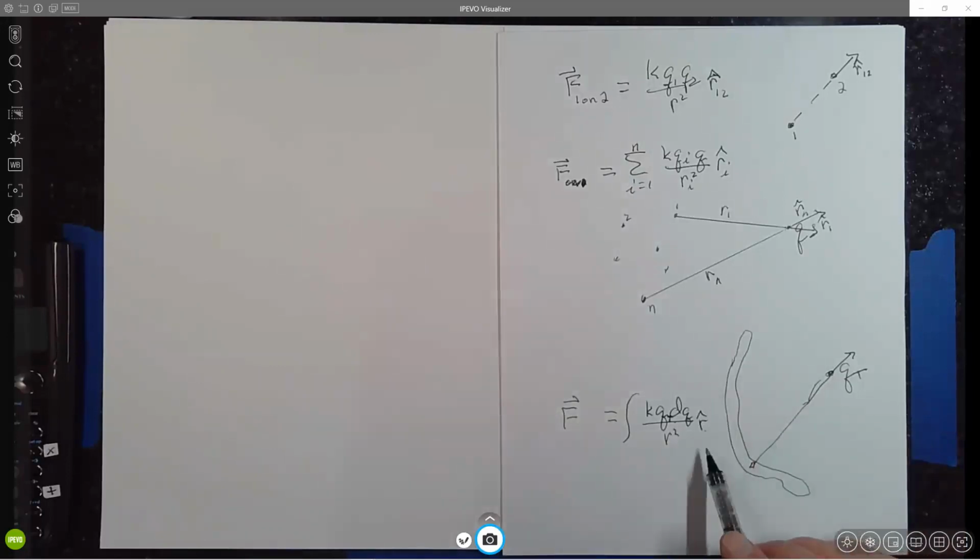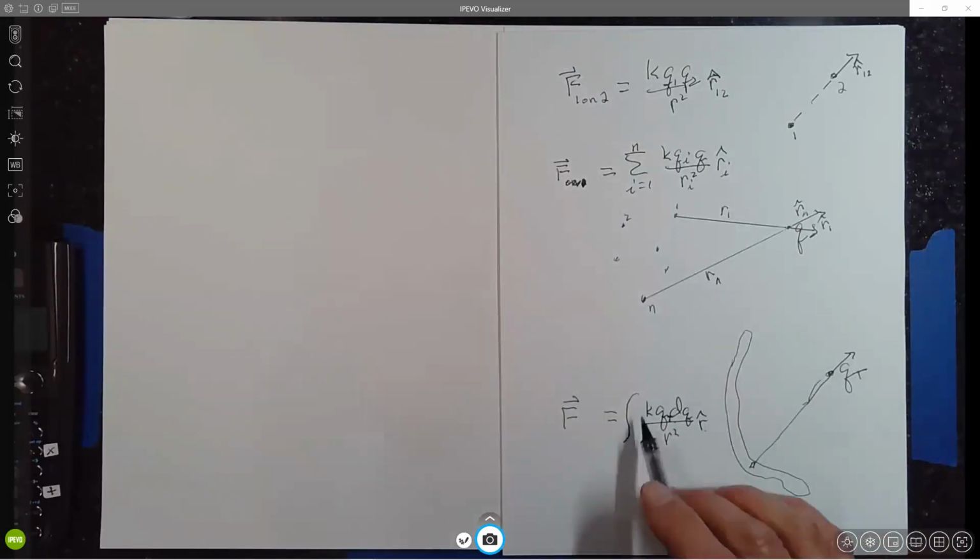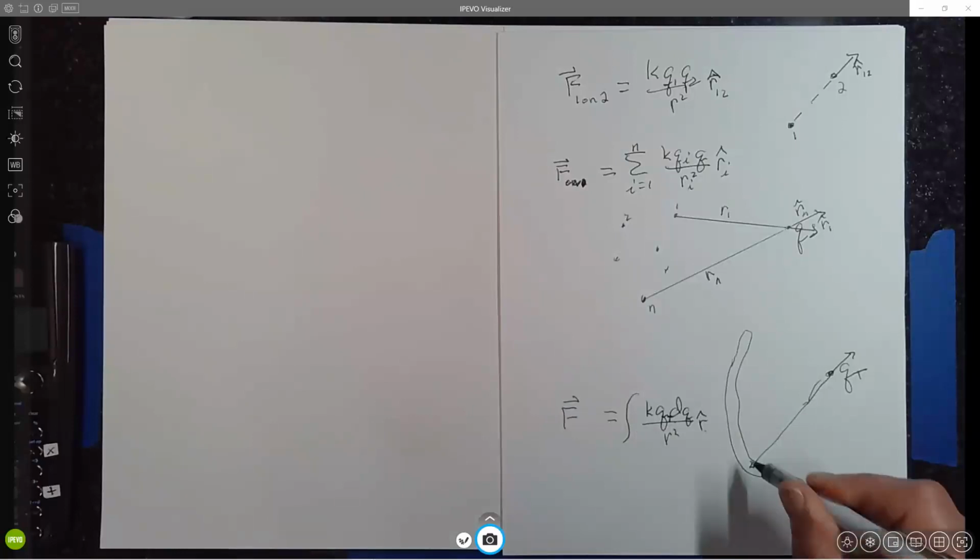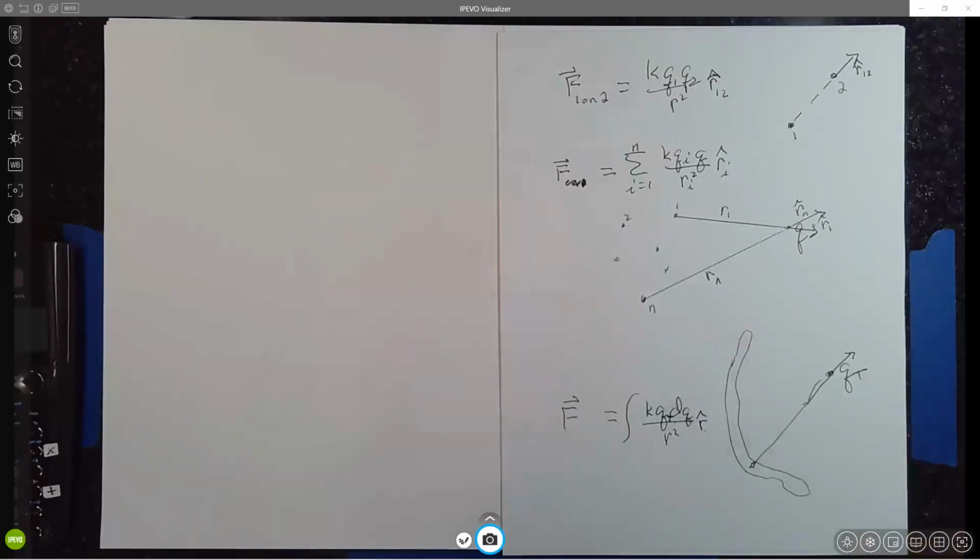And we'll do an example today where we'll do a 2-dimensional problem where we actually have a direction that's continually changing. And so this can get into a much more serious thing. And the limits of integration are just the place in space where the charge happens to be. It could be a linear charge density, it could be a 2-dimensional area, it could be 3 dimensions.